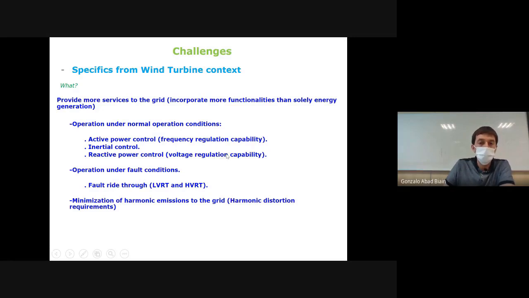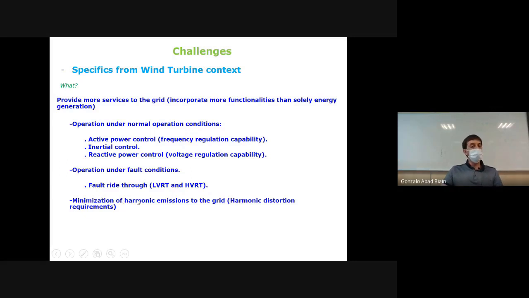Then voltage regulation capability, which comes through reactive power control. The other one comes through active power control. Then operation under fault conditions. More and more, the grid codes are demanding more restrictive operation, low voltage ride-through and high voltage ride-through. We have seen them in previous chapters.